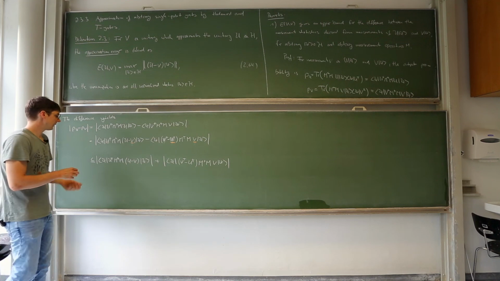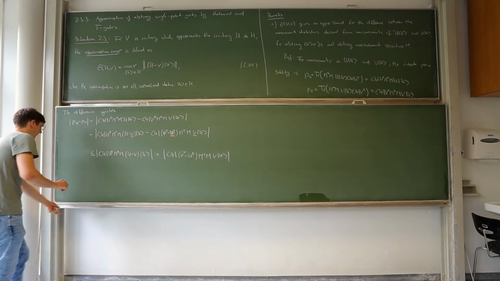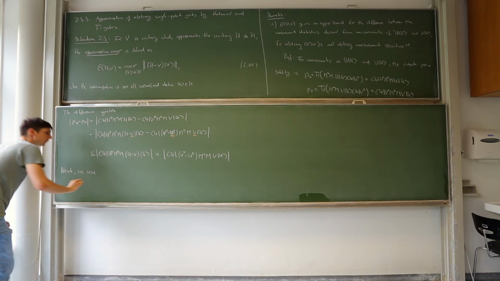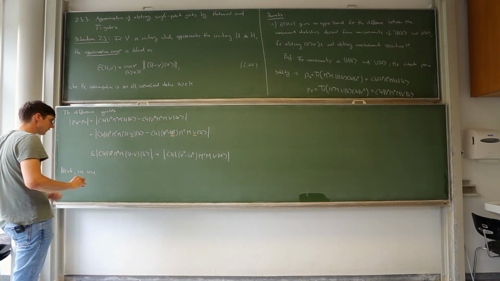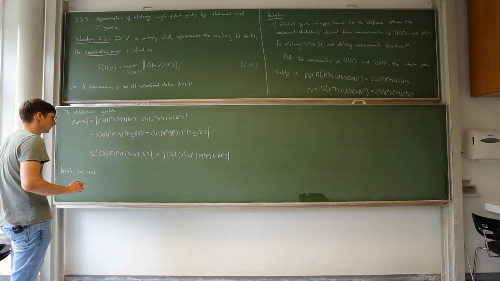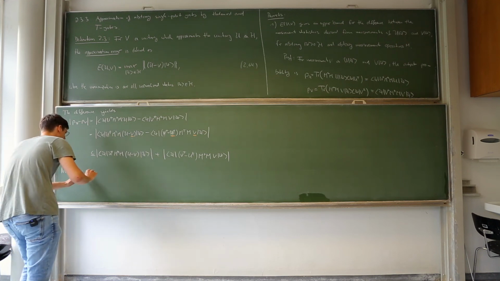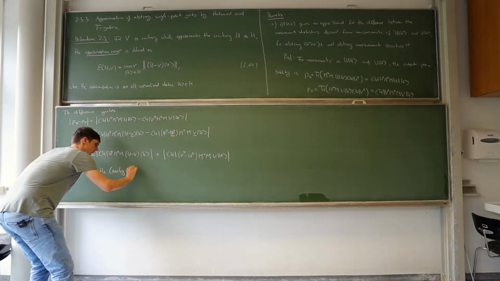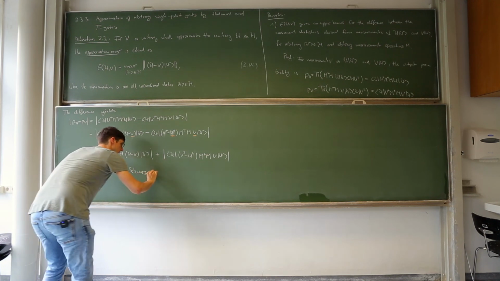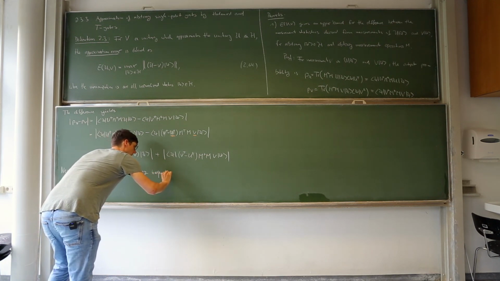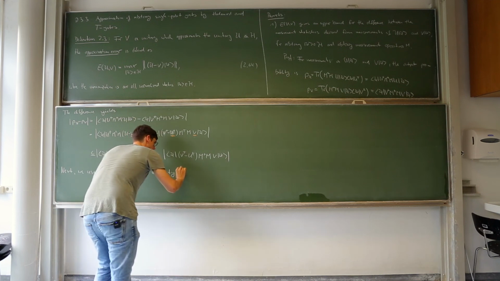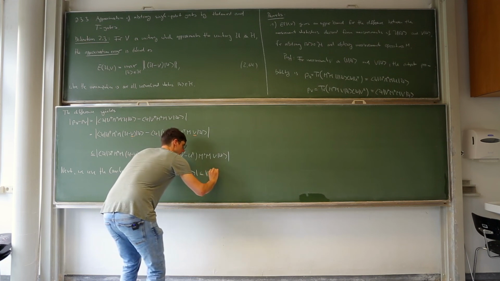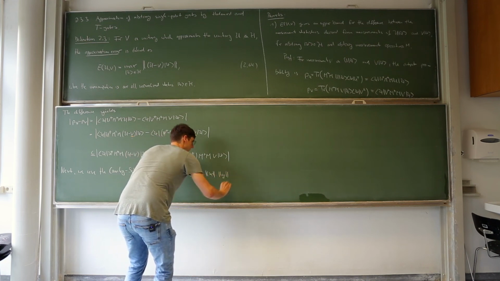Okay, and next what we're going to use is the following, namely, first we use the Cauchy-Schwarz inequality, which is x, y smaller or equal to the norm of x times the norm of y.